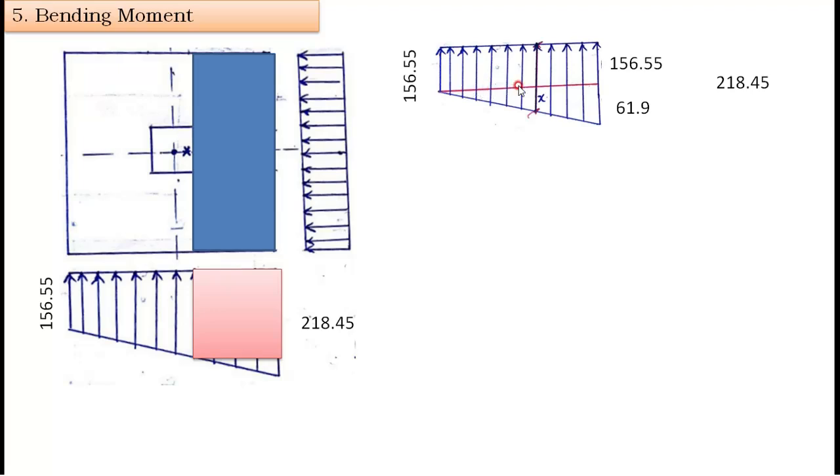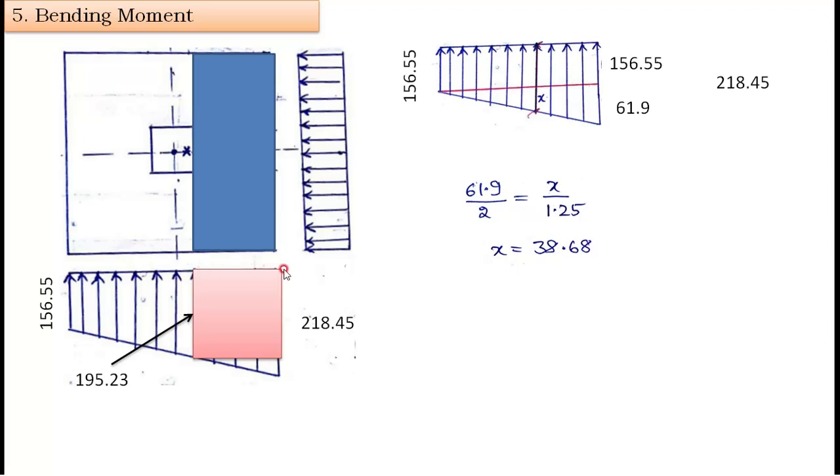0.75 plus 0.5. Therefore I will interpolate this, or by using the similar triangle method I find the x value, 38.65. This is 38.65 x and this is 156.55. 156.55 plus x will be 195.23. I got the total dimension from here to here.